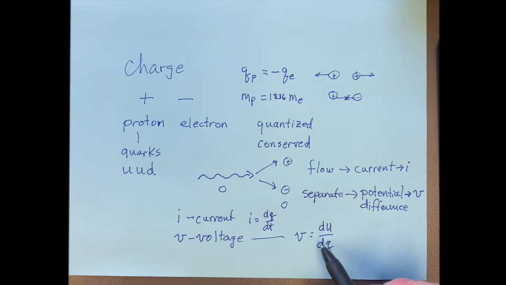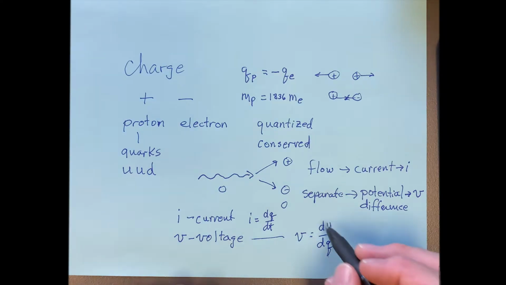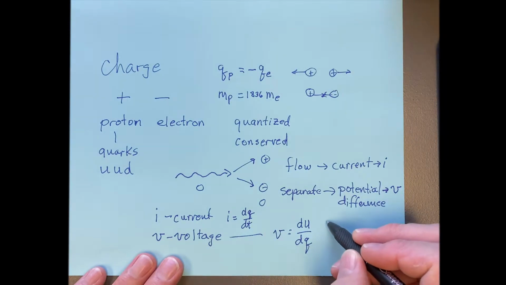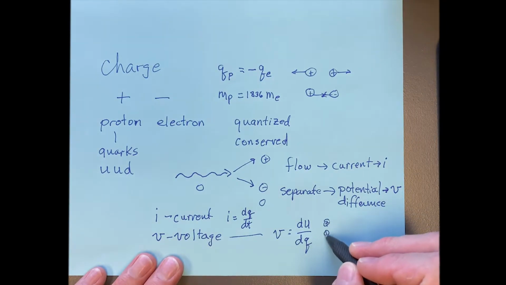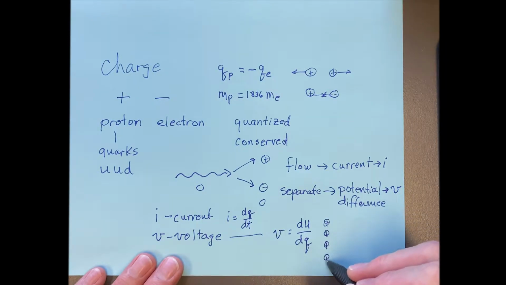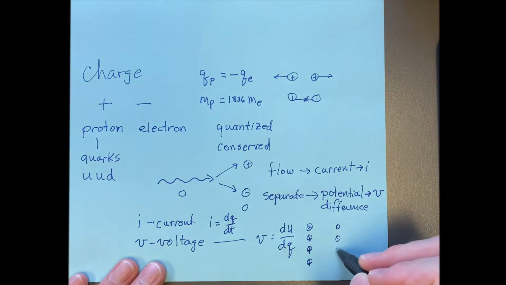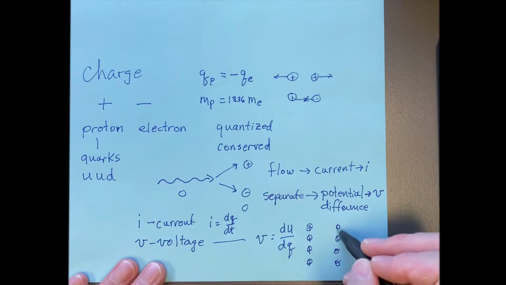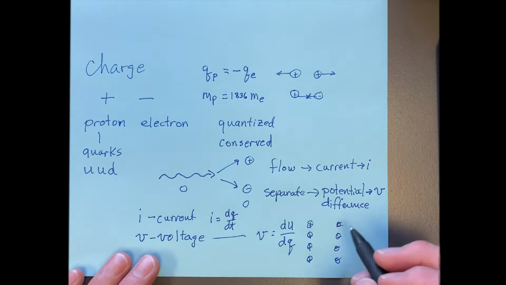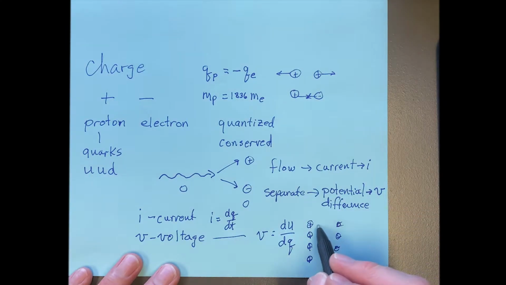It's not beyond you, but at this point, I don't want to go into great detail about how that works, but I will say this. If you separate charges, let's say you have a bunch of positive charges over on this side and a bunch of negative charges over on this side. Well, each of these charges has electric fields associated with them, but the electric field between these is going to point in that direction.